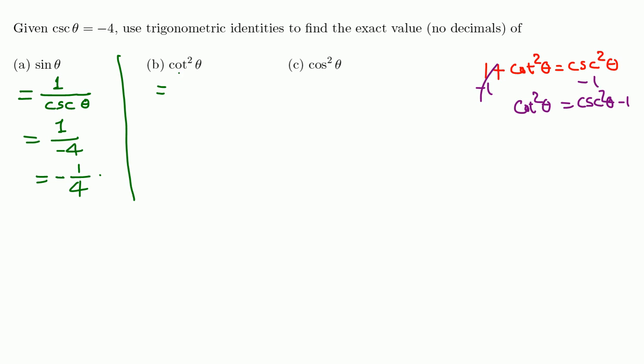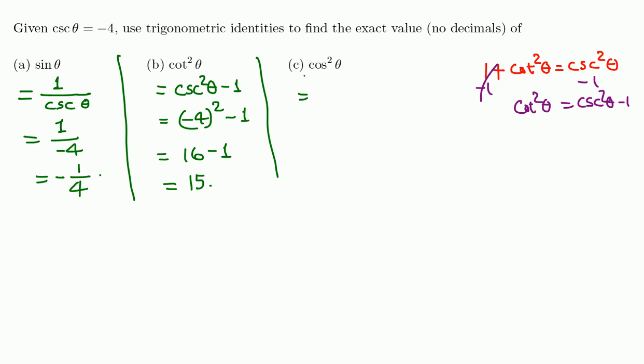Cotangent square theta is cosecant square theta minus 1, and cosecant theta is given as -4, so this is -4 quantity square minus 1. Negative times negative is positive, 4 square is 16, so 16 minus 1, and that's 15.